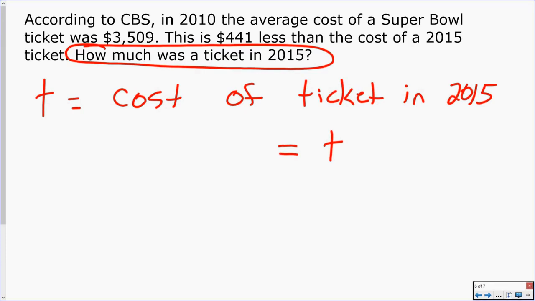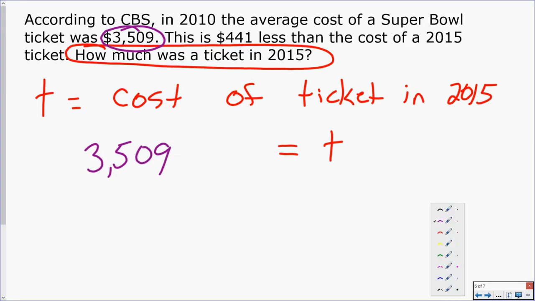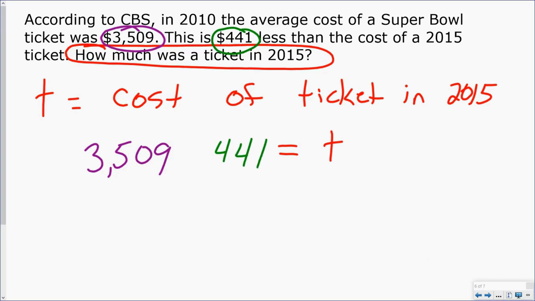Well, when I look back in my problem here, it says that in 2010, the cost was $3,509. And then it also says that this was $441 less than a ticket in 2015. Well, if this amount is less than this amount by $441, then I have to add these two together.